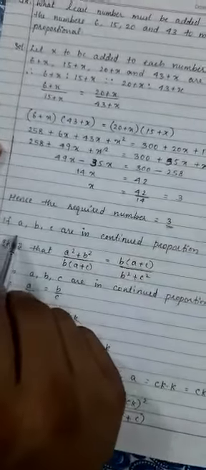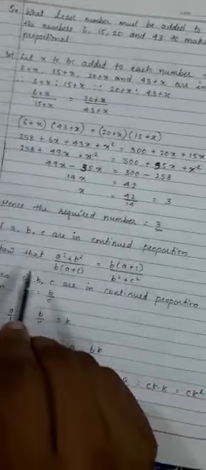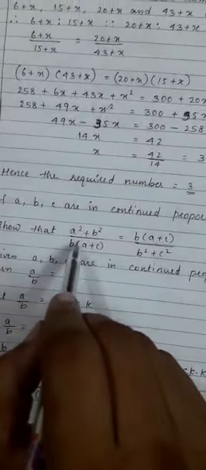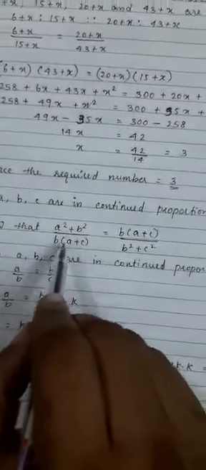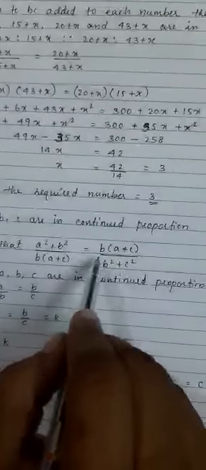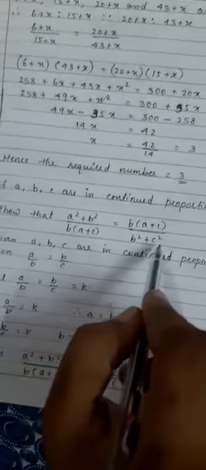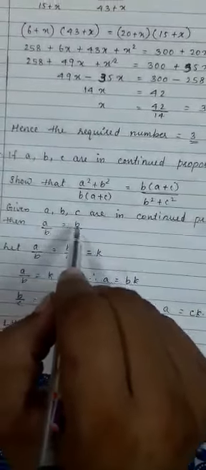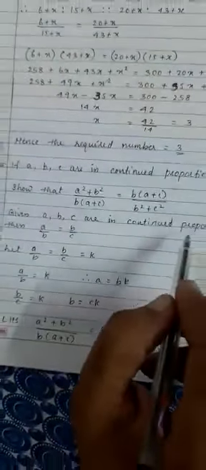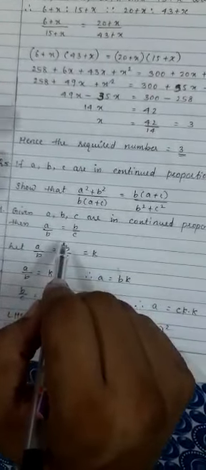Next question. If a, b, c are in continued proportion, show that a square plus b square upon b into a plus c equal to b into a plus c upon b square plus c square. Given that a, b, c are in continued proportion, then a by b equal to b by c.